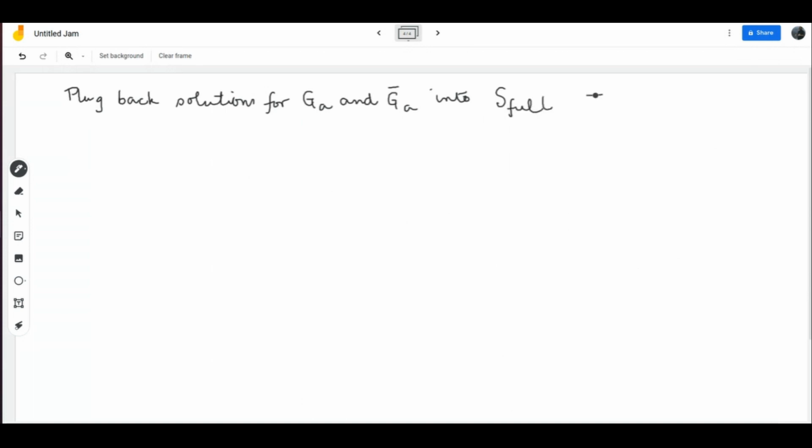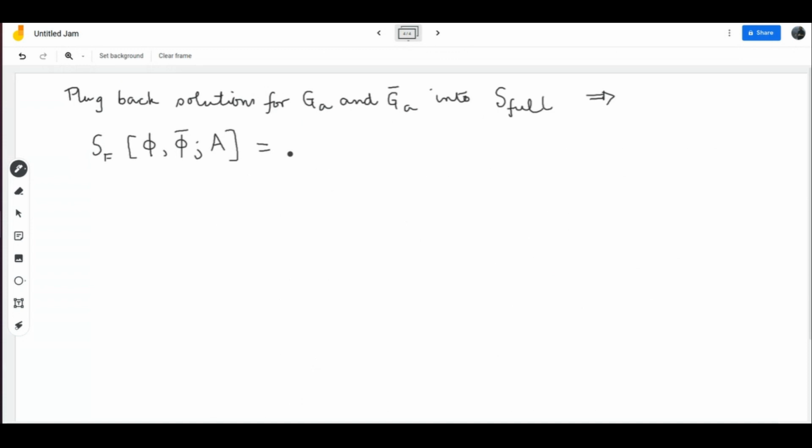So this gives us a new action because I'm plugging back for G A and G bar A. Let's call it capital F. And now we are back to only our phi and phi bar variables and of course A because of the Maxwell part. And what do we get here?